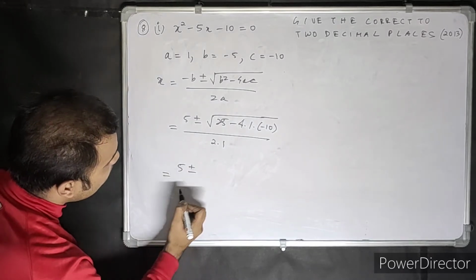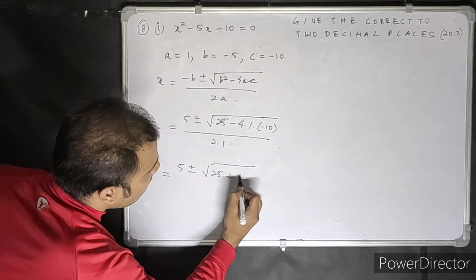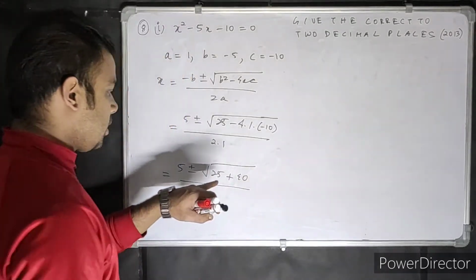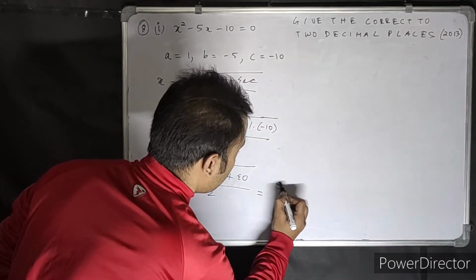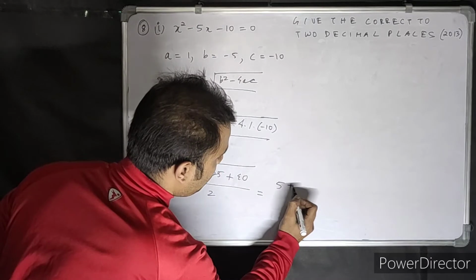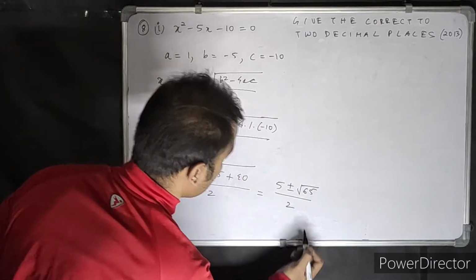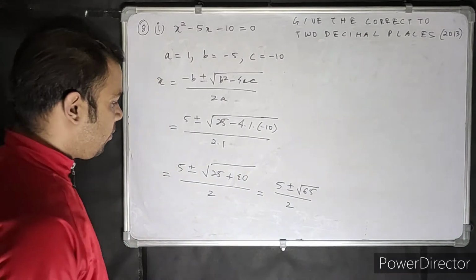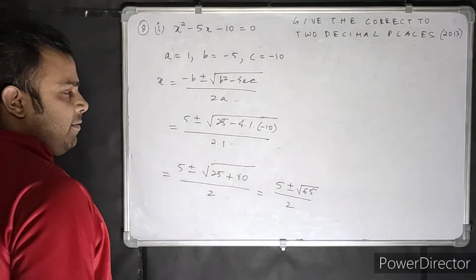So that is 5 plus minus root over 25 plus 40, divided by 2. Add this, 25 plus 40 is 65. So 5 plus minus root over 65 divided by 2. 5 5s are 25, minus 4 into a into c, all correct, 40.